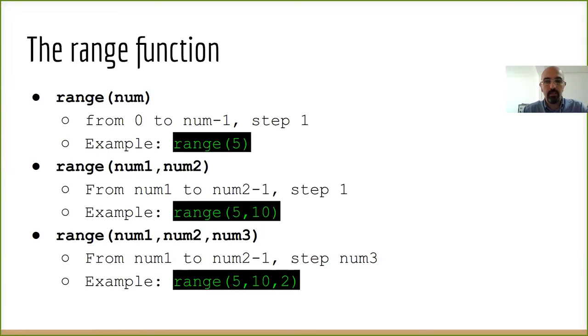In case we provide as input 2 numbers, it means that we are asking this method the starting and the ending point. So in the second example, we are ranging from 5 to 10, and the output of the execution will be 5, 6, 7, 8, 9, because we're indicating the starting point and the ending point of our range.